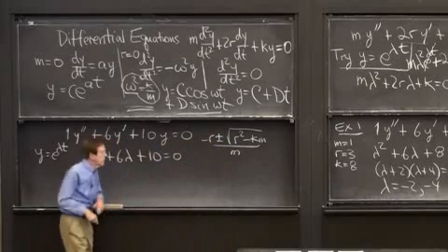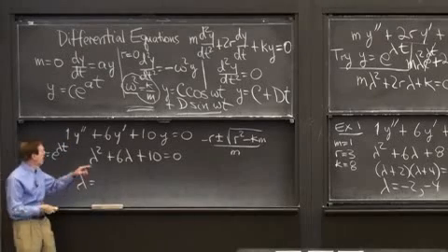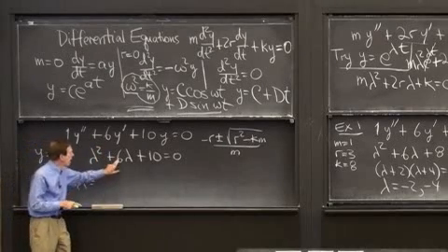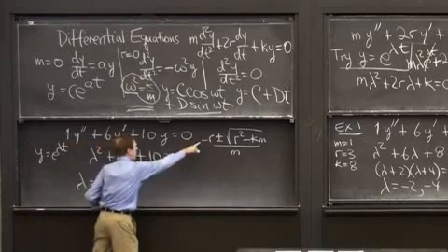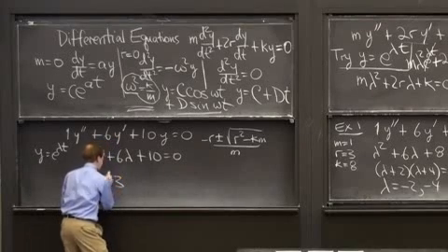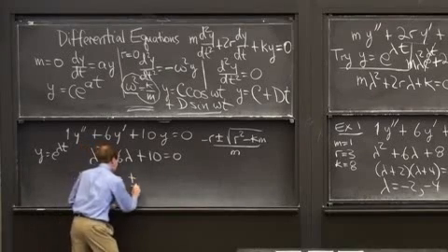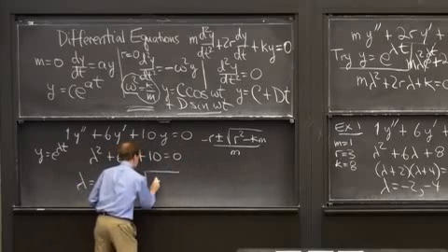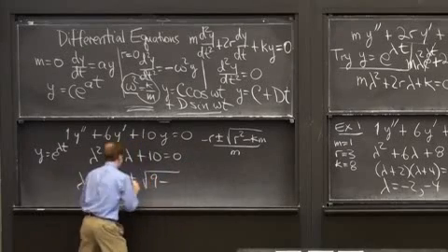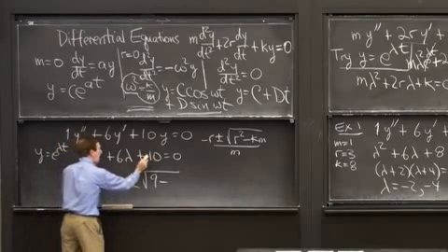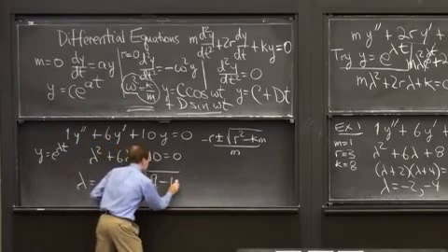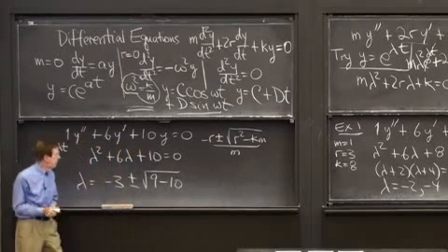I got the 2's and the 4's out of it by taking r to be 3 here. Okay, so it's minus 3 plus or minus the square root of r squared, which is 9, minus 1 times 10, k and m, divided by 1.